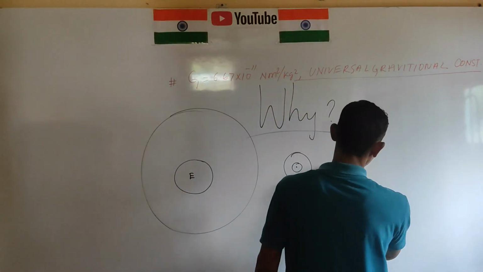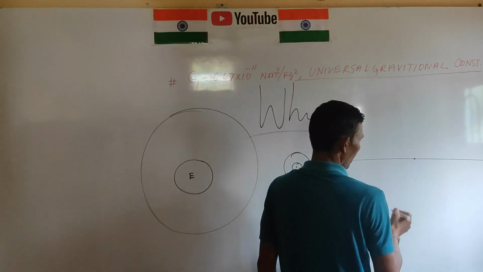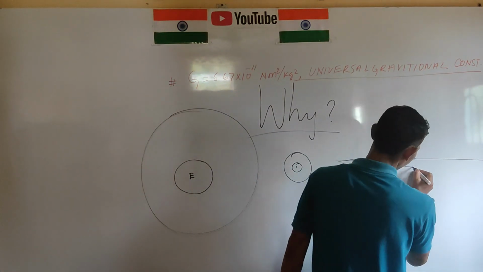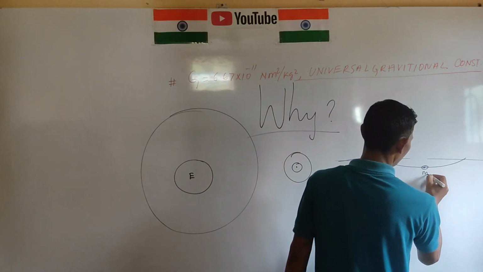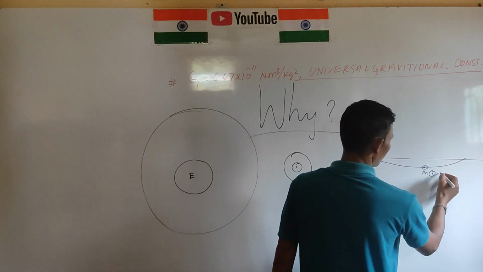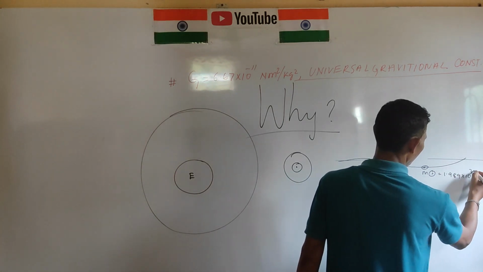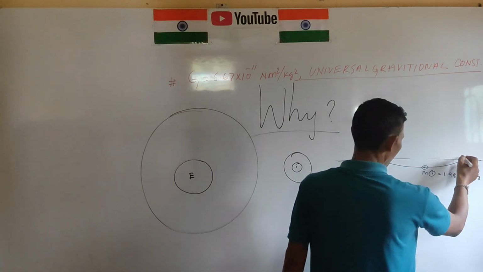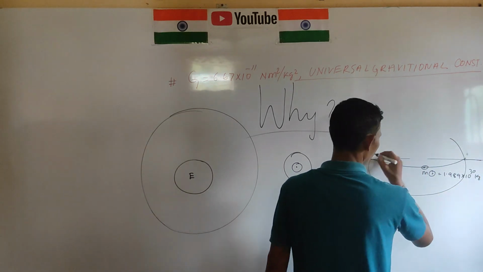There is the mass. The universe is here. Here there is our galaxy. The galaxy also has its center of mass, that is 1.989 into 10 to the power 30 kg. Our galaxy, our solar system.